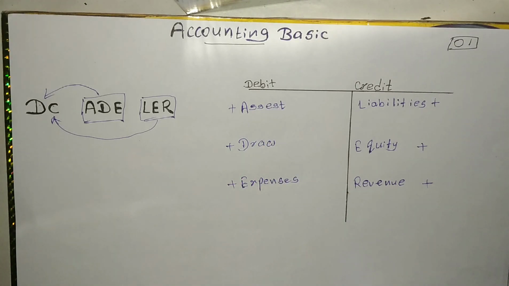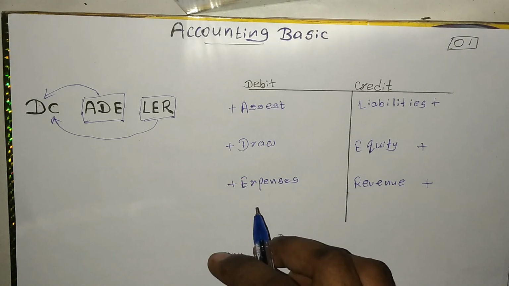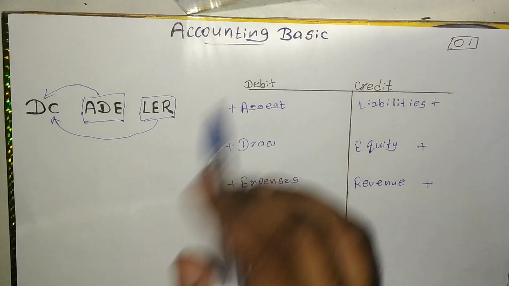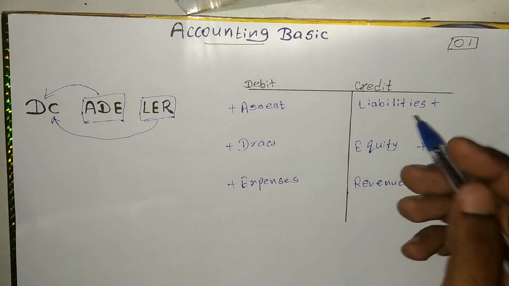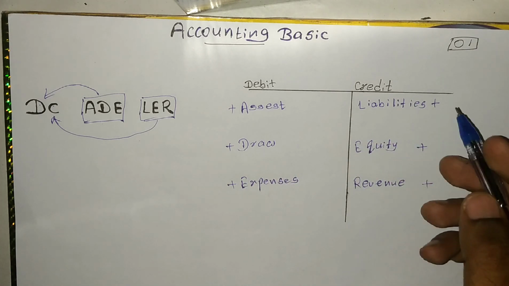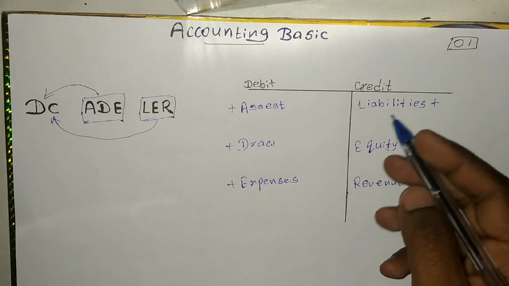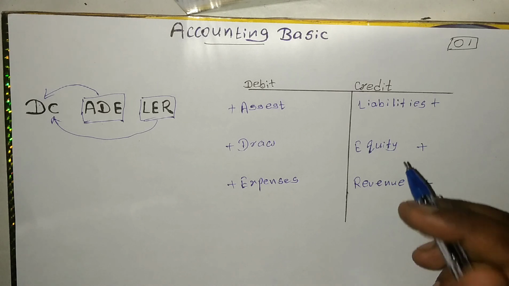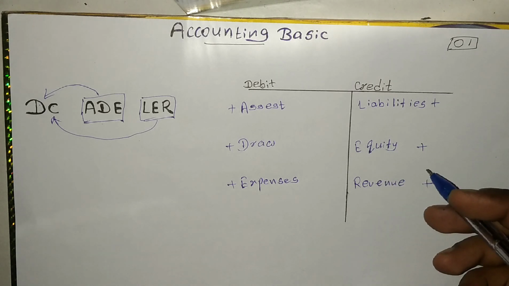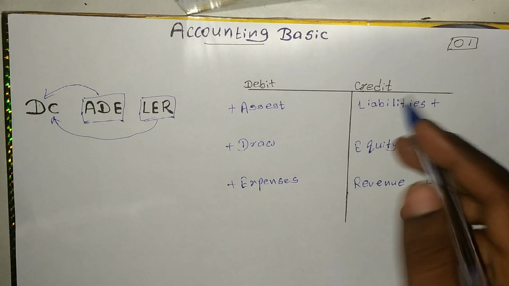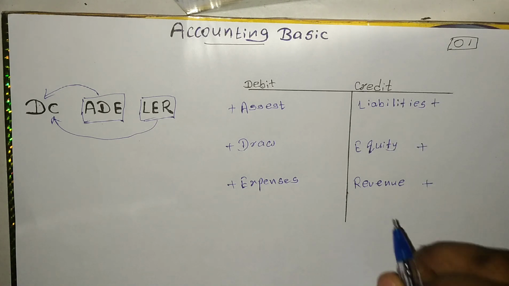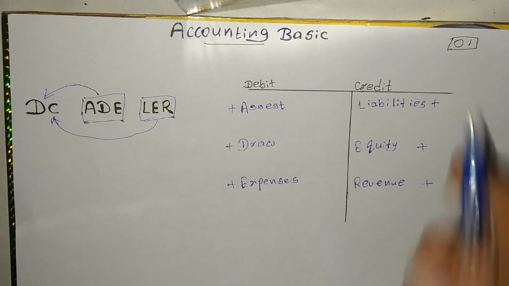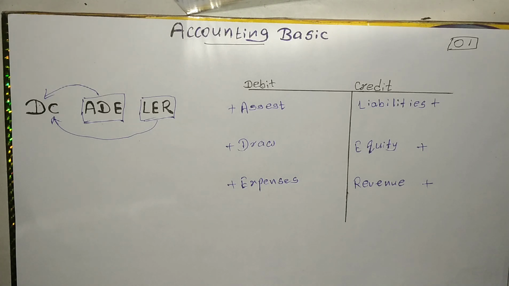When revenue is positive, it's entered as a credit. I think you get some idea. In these three contents, when positive, they are entered in the group name, which is debit. And for these three contents, when positive, they are entered in the group name, which is credit. Okay.